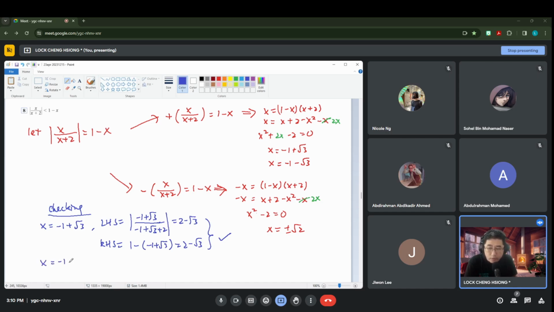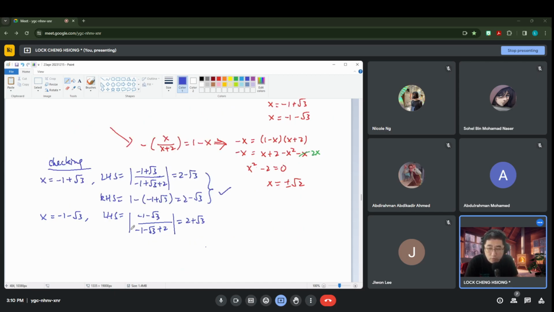x equals minus 1 minus square root 3. Left hand side, minus 1 minus square root 3 over minus 1 minus square root 3 plus 2. So I have 2 plus square root 3.